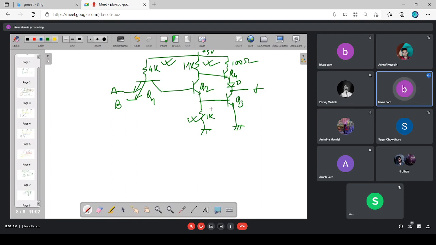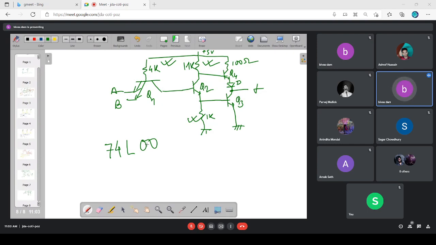So there is a particular requirement where I need my circuit as a low power dissipation device. So there it is 74L00. How can we achieve the low power dissipation? By increasing the resistance values.